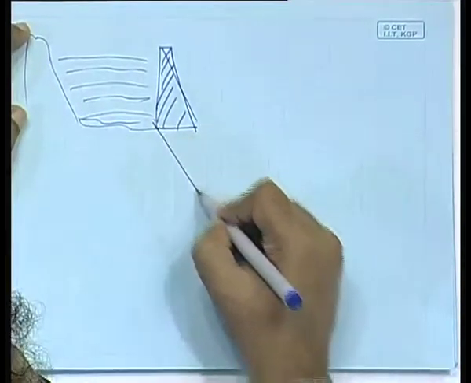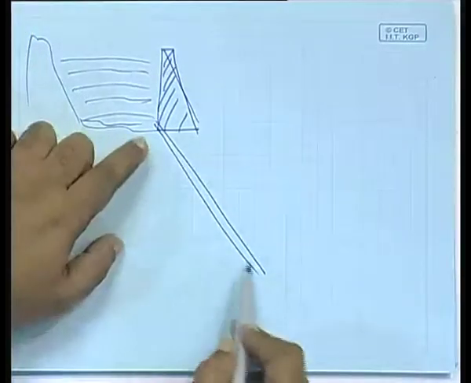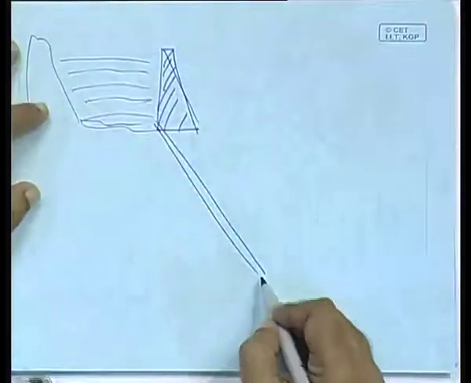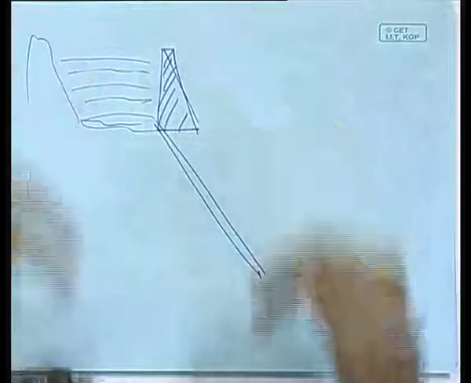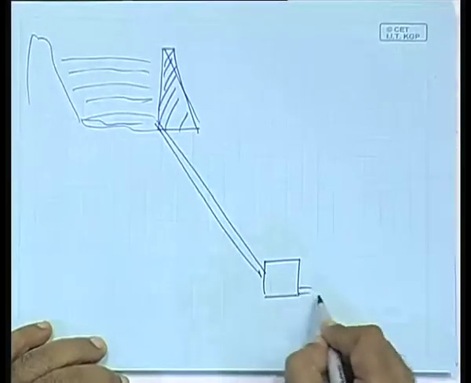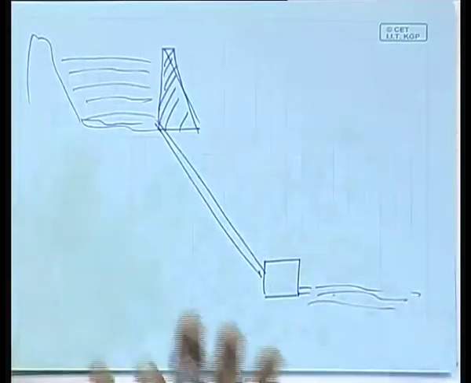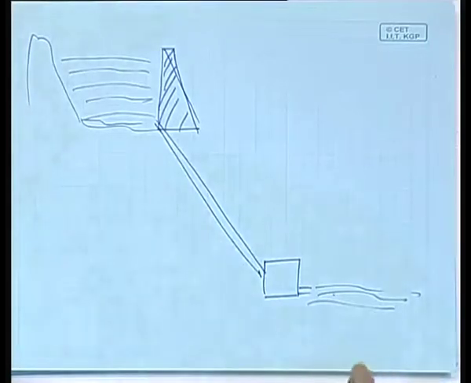Then you have a tube running through, which is called a penstock. The water goes through, and then at some height below you have got the turbine, and this discharge water actually goes to the river. These are the essential components. You can understand the basic things from this.